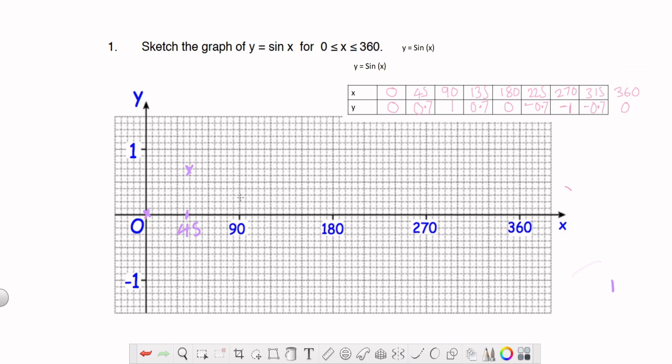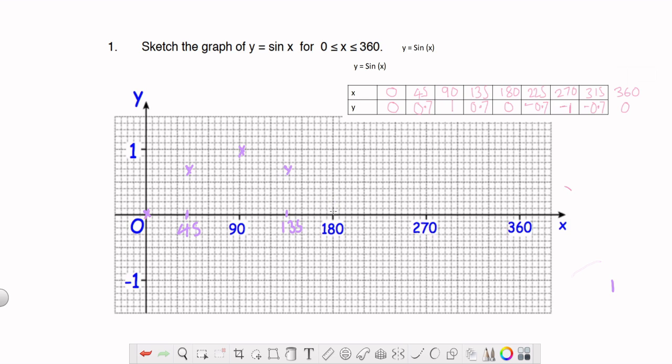This one's easy to plot. Sine 90 is 1. Next one, sine 135. All right, here we go again. That's 135 degrees, and sine 135 is 0.7.